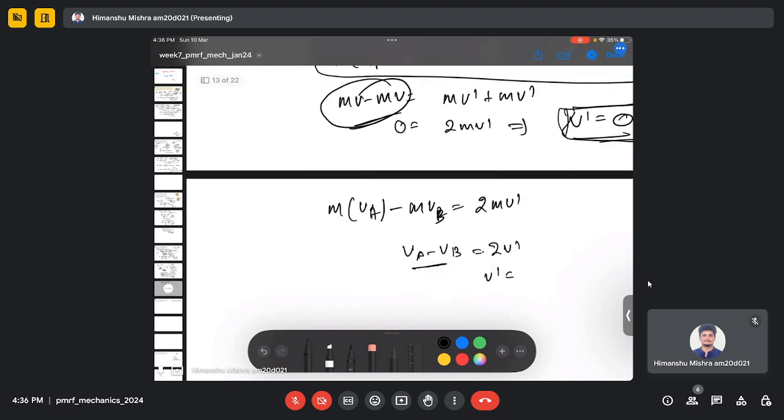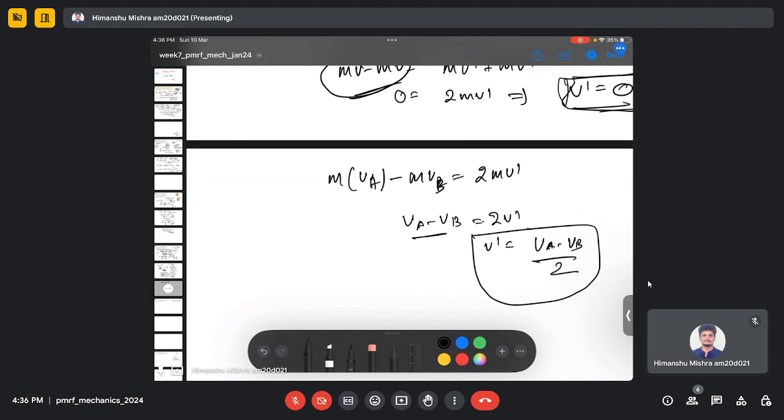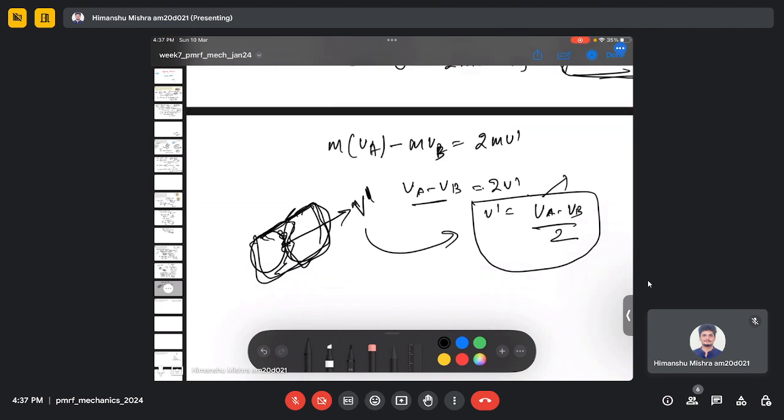Then my final velocity of the deformed object will be vA minus vB by 2. So if my velocities were different, then after collision this body gets deformed, and this deformed body, which is now one entity, will move in some direction with a velocity of v dash. And which direction they will move depends on the sign of vA minus vB.